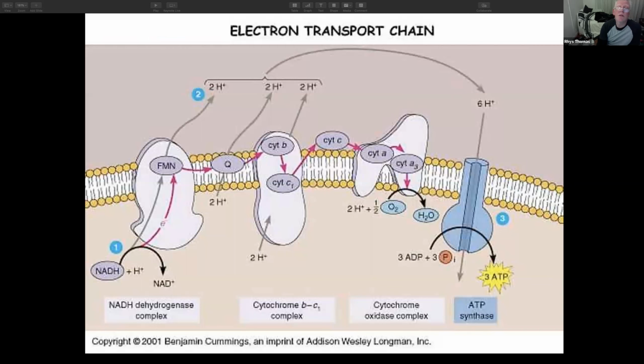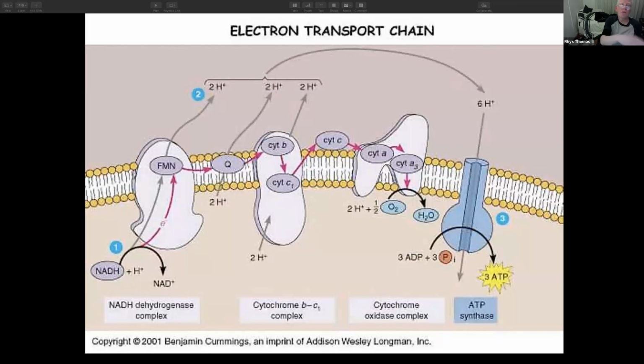This is a diagram of it. Starting over on the left side, you've got NADH donating some electrons to the beginning of the electron transport chain and ending up back as NAD+.